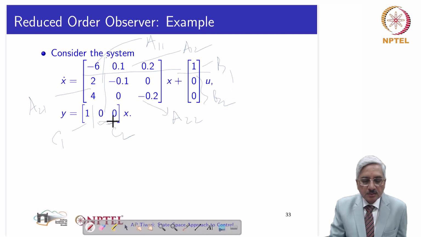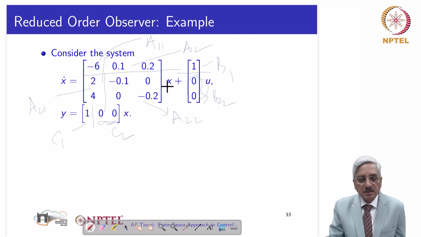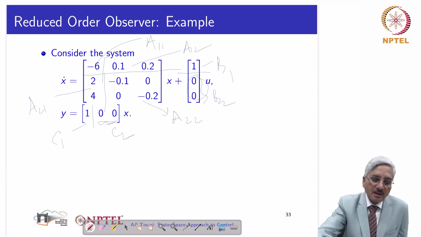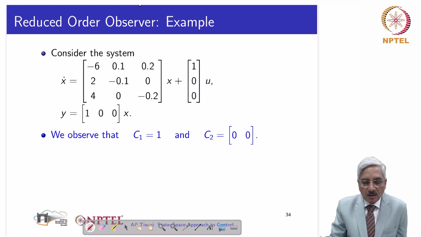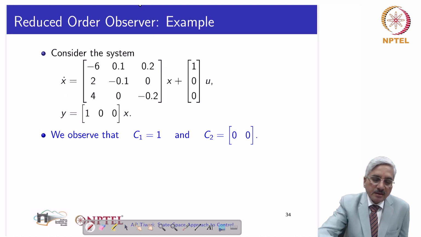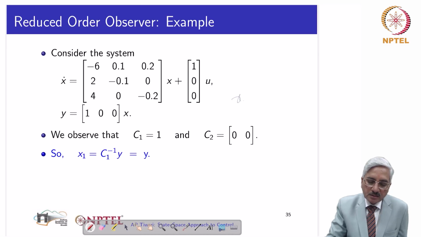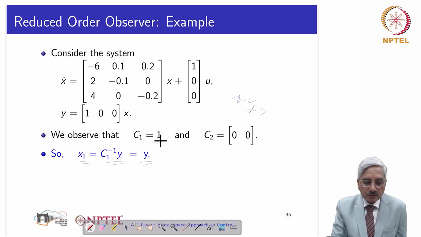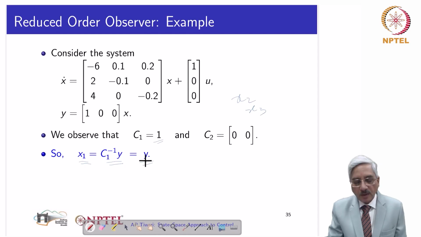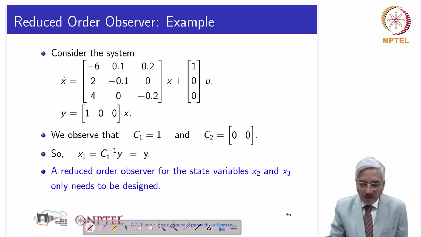C2 has to be 0, B2 in this case is incidentally 0. So for this system, we have to design a reduced order observer only to estimate the states x2 and x3, because x1 comes directly as C1 inverse y, and because C1 is 1, so x1 becomes straight away y, and x2, x3 are to be estimated. So observer is required only for the two state variables x2 and x3.